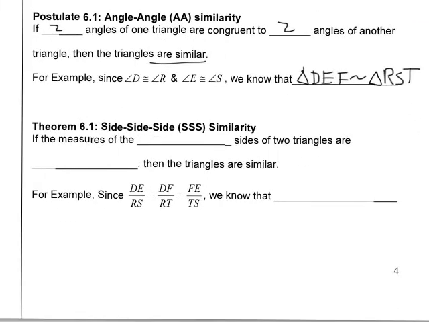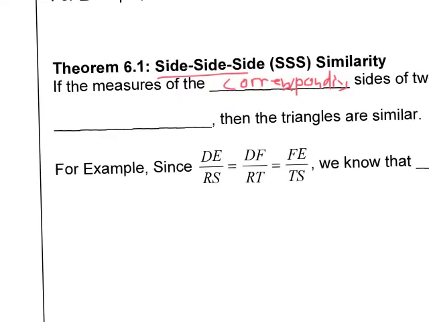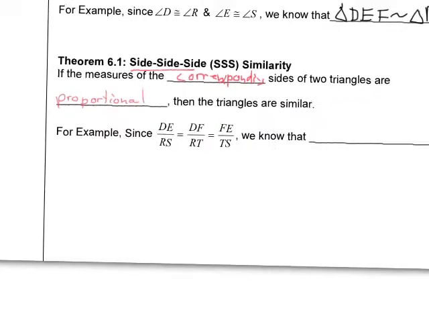And so that means that we can also go to theorem 6.1 here, and that's side-side-side similarity. What that means is if we have all three sides of both triangles being proportional, so if the measures of the three corresponding sides of two triangles are proportional, remember, that means that all the scale factors are the same, then the triangles are similar.